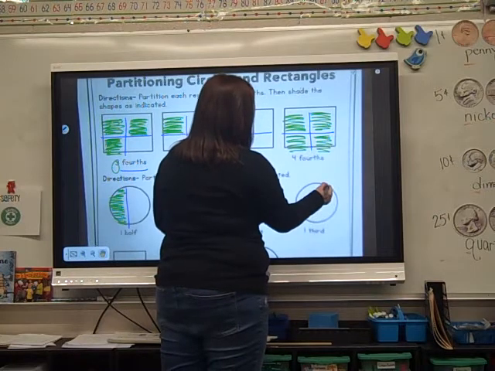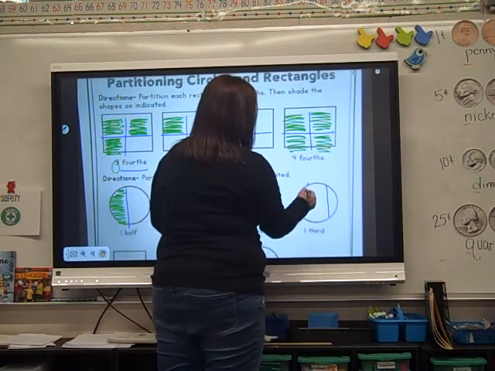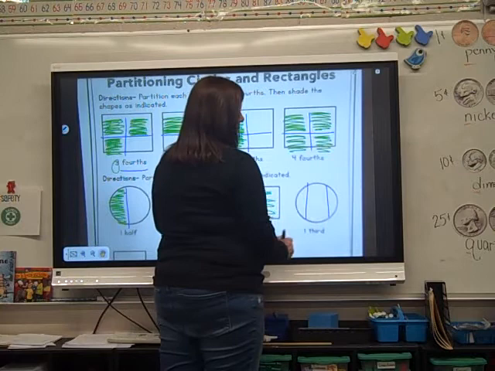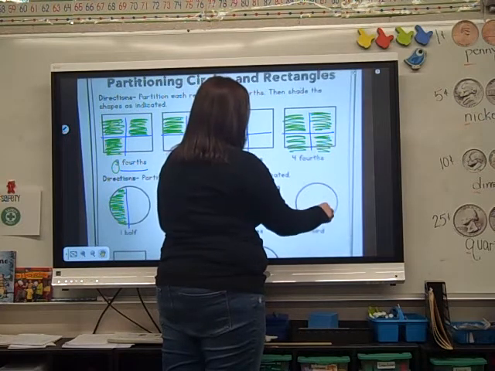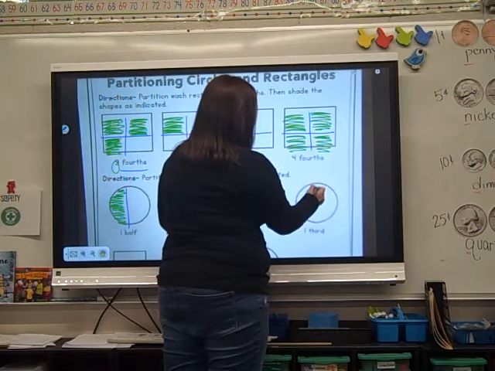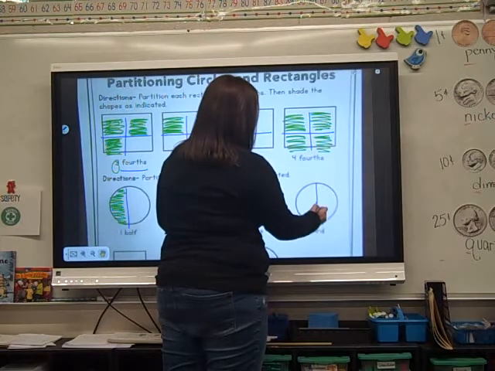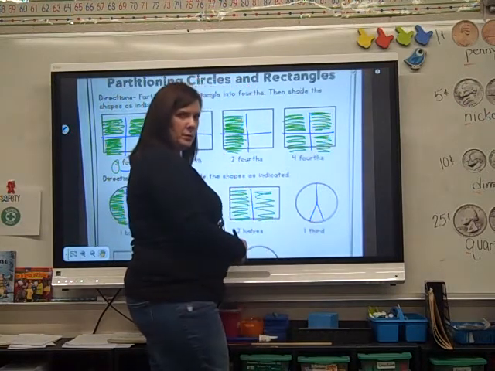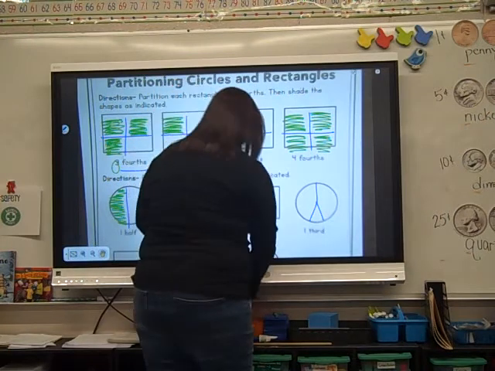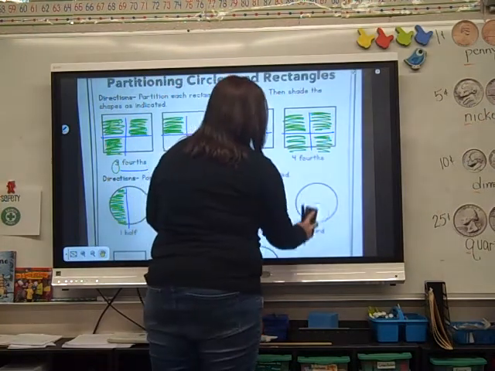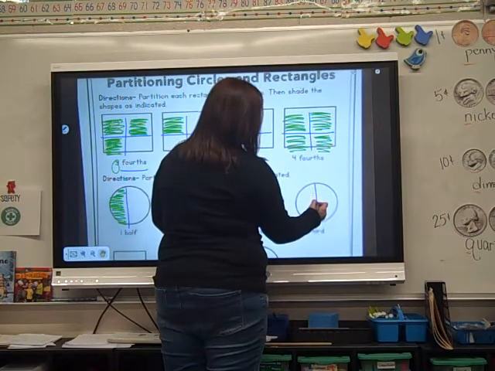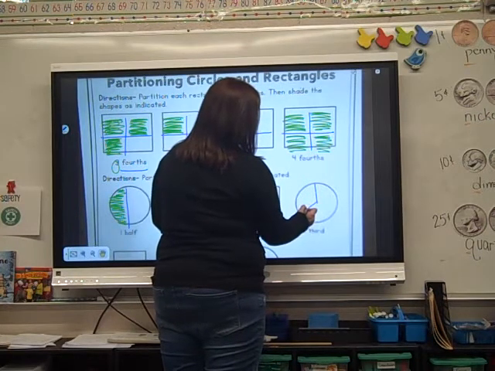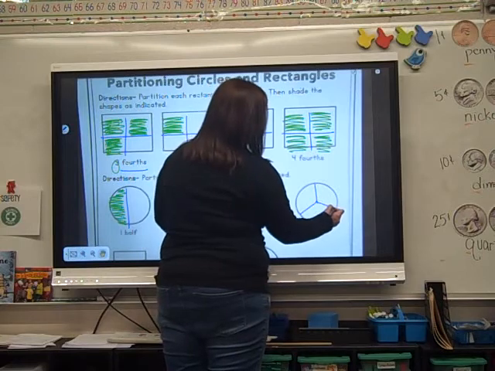you can't do this. Because are those 3 equal pieces? No. Can you do this? Is that 3 equal pieces? No. You gotta be super careful. So I usually go to the middle and go wide, go wide.